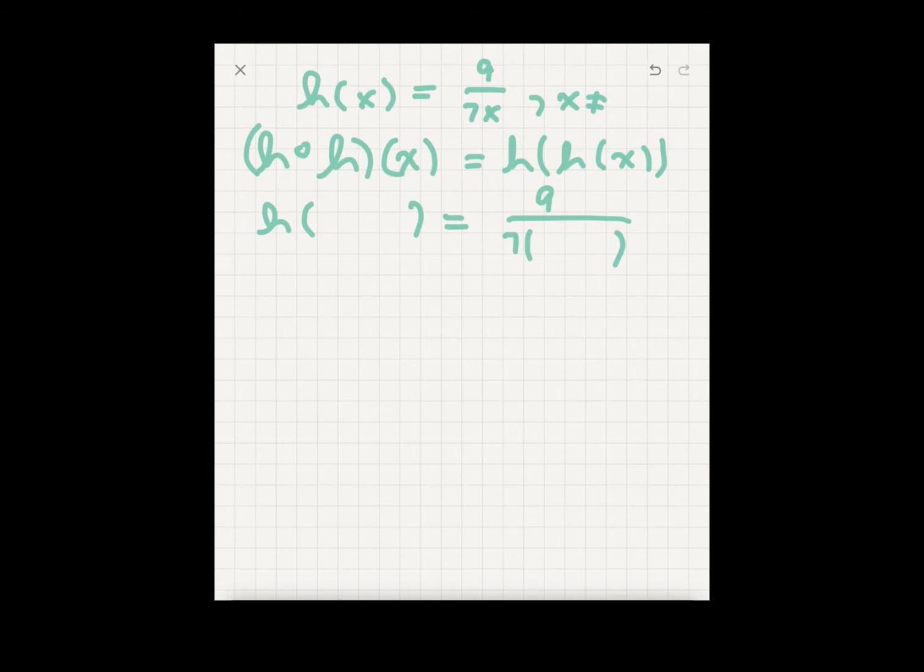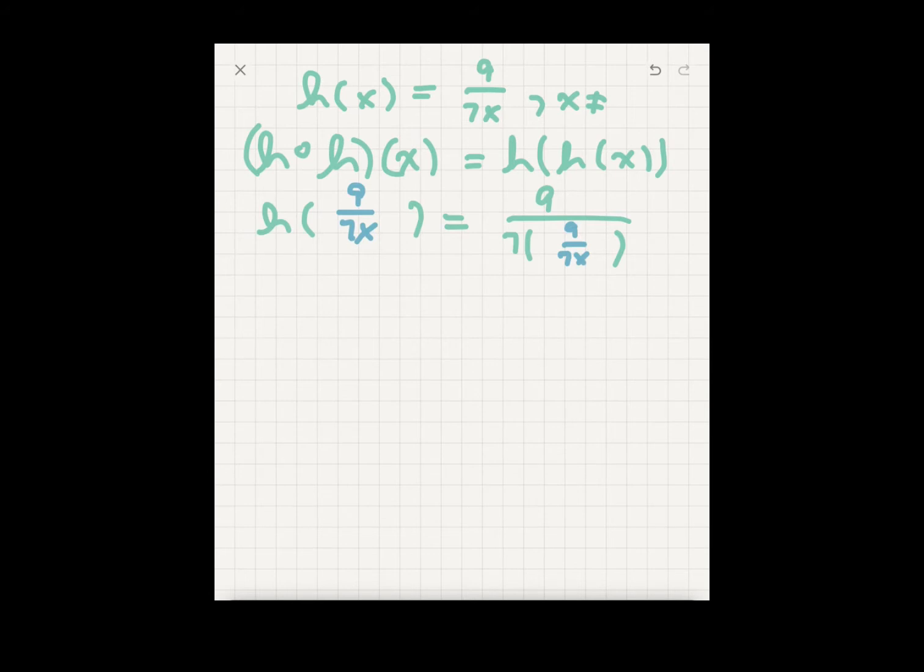So if the something that I'm plugging into h is 9 over 7x, that means that 9 over 7x is going to go in that spot. So I want to simplify that.